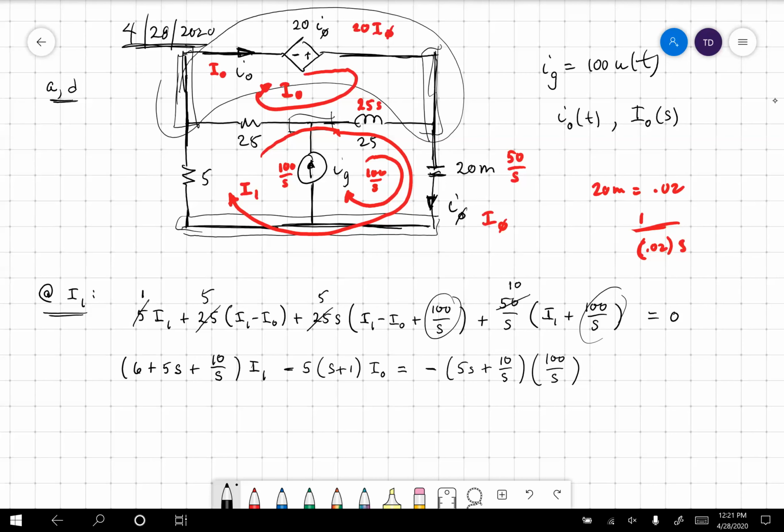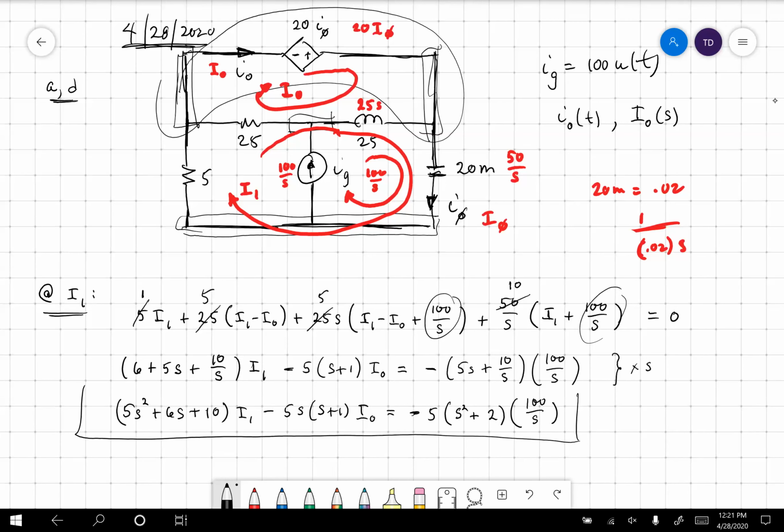So let's multiply this times S. And so when we do that, we're going to have 5S squared plus 6S plus 10 times I1 minus 5S times S plus 1 I0 equals negative, I'm going to pull 5 out, and then I'm going to have S squared plus 2, all times 100 over S. So there's our first equation.